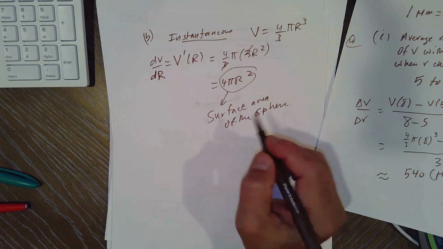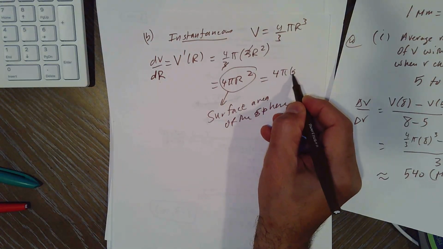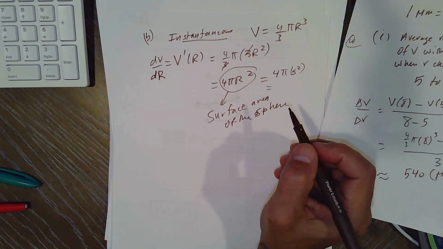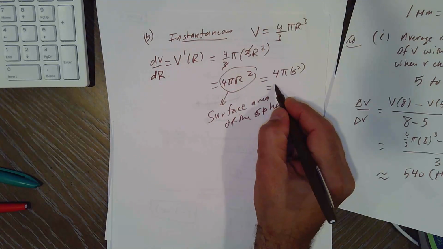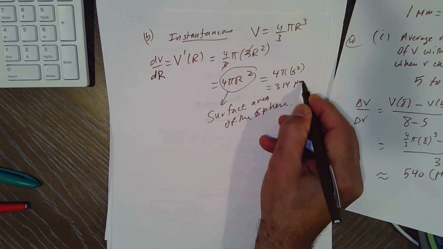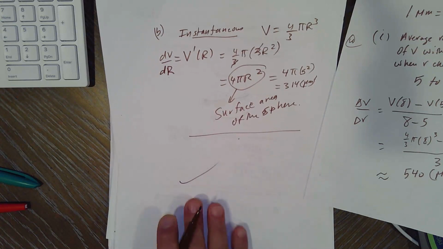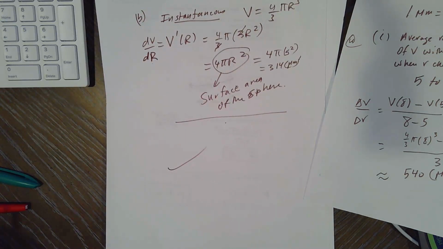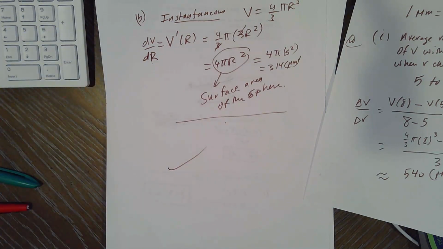And if you do the math, it's 4 pi times 5 squared, which is roughly 314 micrometers squared. Okay, that's it for number 6 and 18.